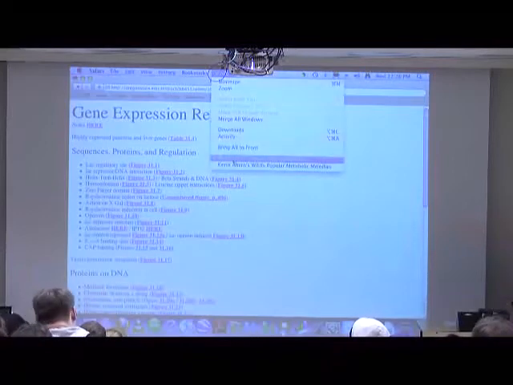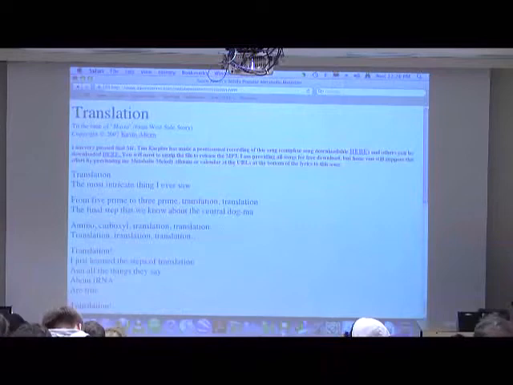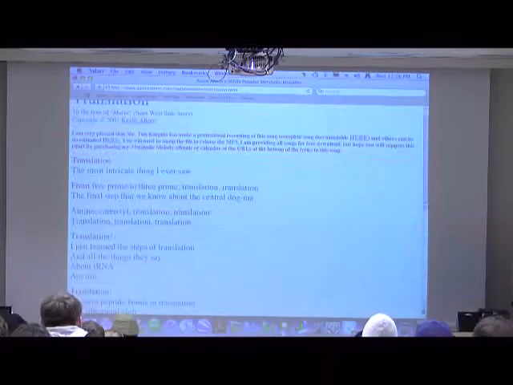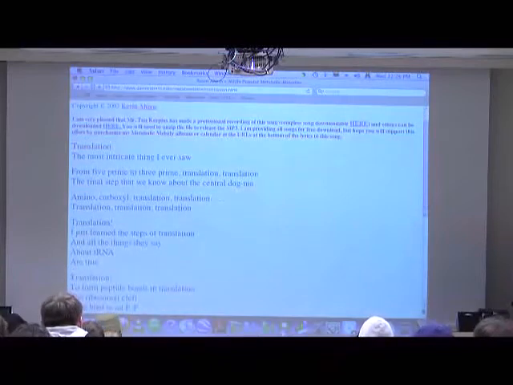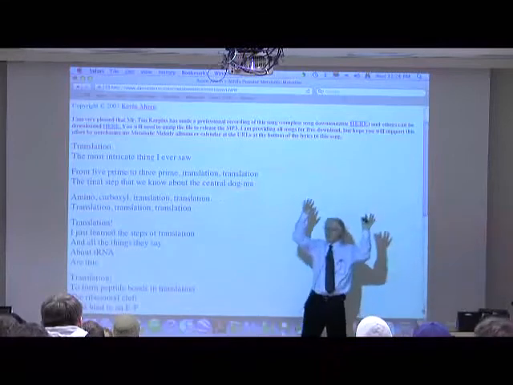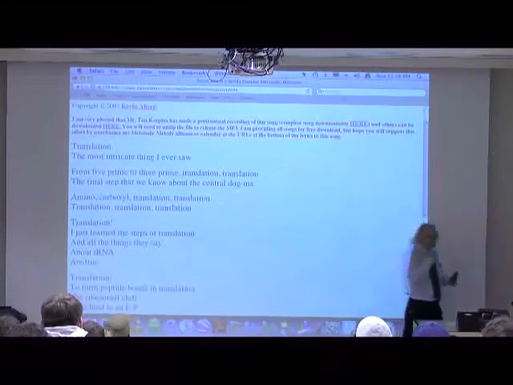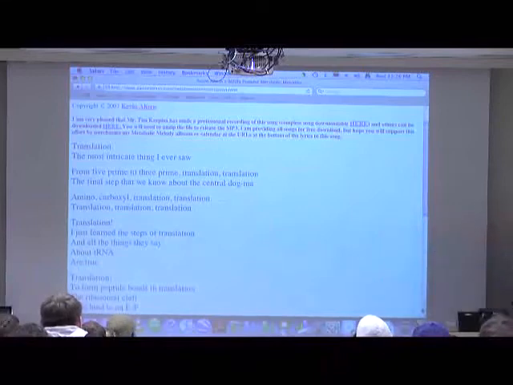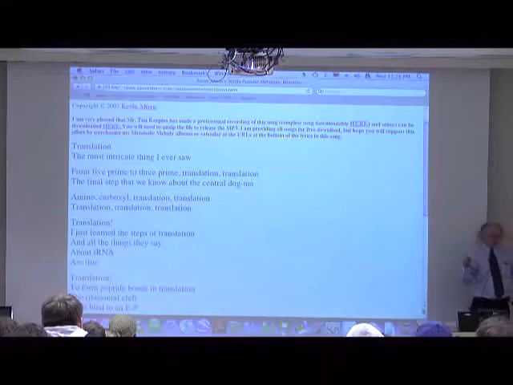The song is called Translation. Translation, the most intricate thing I ever saw. From 5' to 3', translation, translation. The final step that we know about the central dogma.